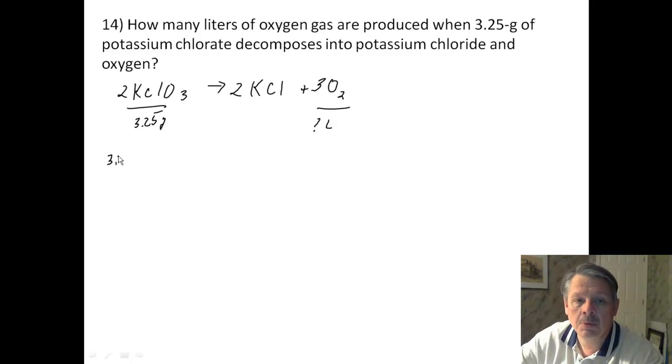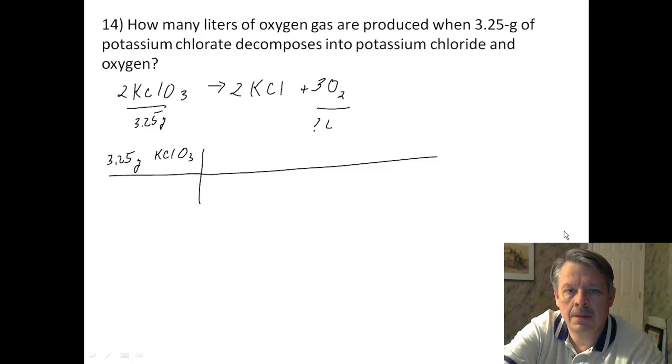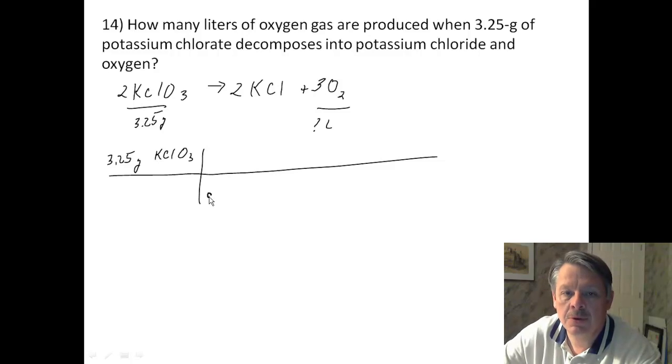Stoichiometry problem. 3.25 grams of KClO3. Right, had a slight problem there. All right, let's continue. We have 3.25 grams of potassium chlorate, so we have to get rid of grams of potassium chlorate down in the bottom here, and go to moles of potassium chlorate up here.